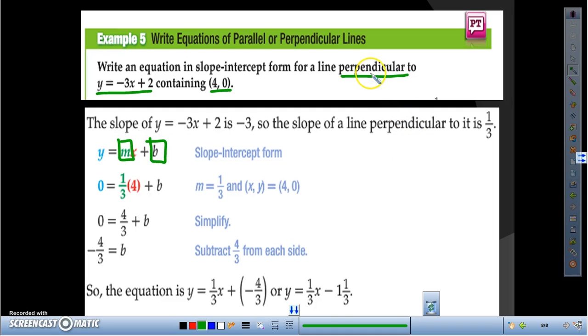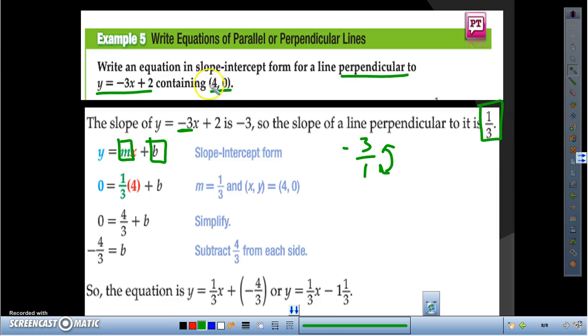Well, if I want a line perpendicular to this line, then I already have the slope, right? And that's what they're telling me here. I have a slope of -3 given, and I know that the line perpendicular to it has to have an opposite reciprocal slope. So I take -3, I flip it to get 1/3, and then I make the negative a positive. Okay, so there's my slope of my new line already. I didn't have to do any work for that.